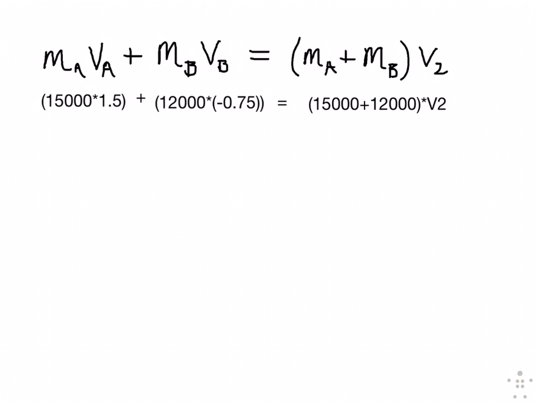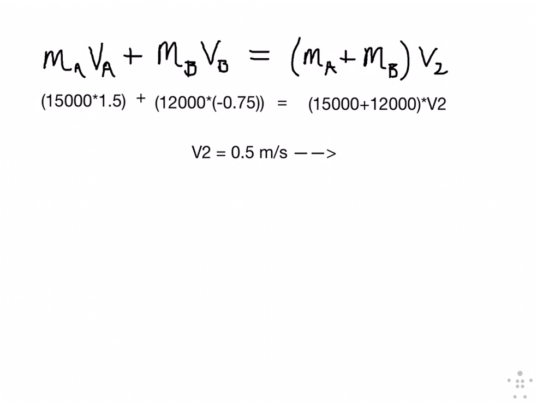I'm just going to plug in the values that we had on our momentum diagrams. 15,000 times 1.5 is the momentum of particle A. 12,000 times now a minus 0.75, because the minus shows it's going in the opposite direction, so in the negative x direction. That equals the combined mass of 15,000 plus 12,000 times our final velocity v2.